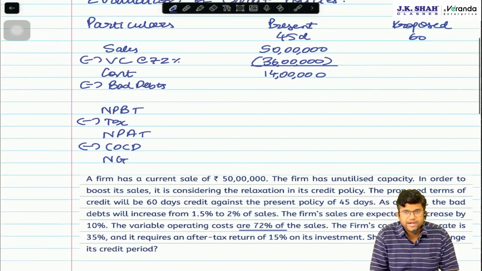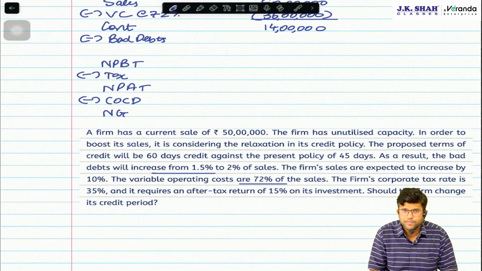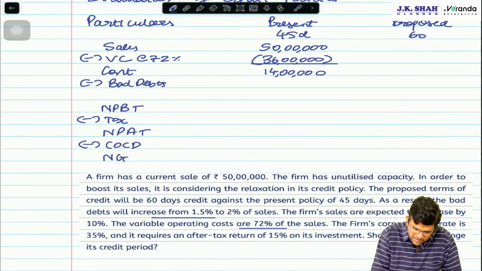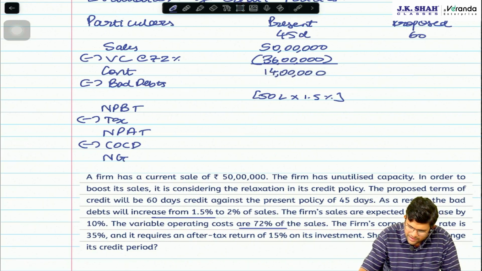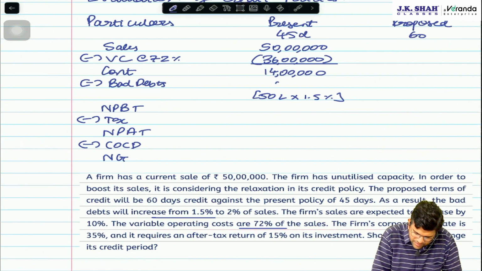As far as bad debts are concerned, they are saying bad debts are currently 1.5%. In the proposed plan, it will become 2%. 1.5% of course of the sales, so this will be 50 lakh into 1.5%, and that comes to 75,000.